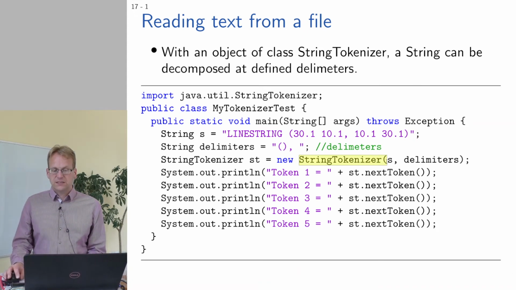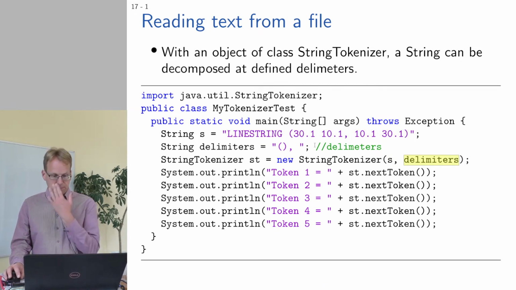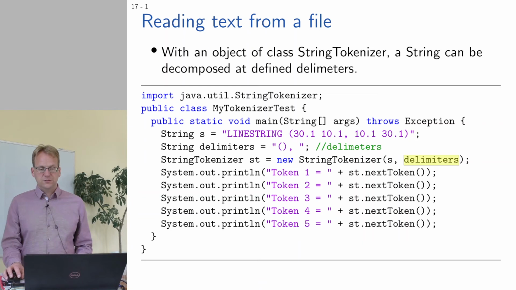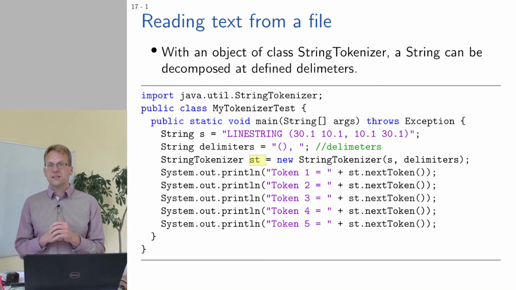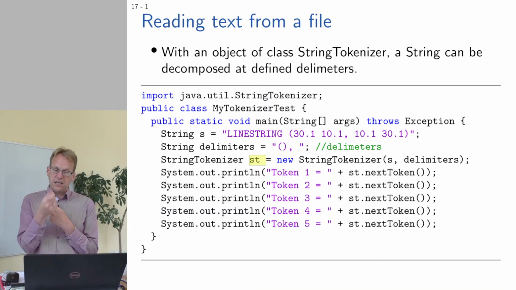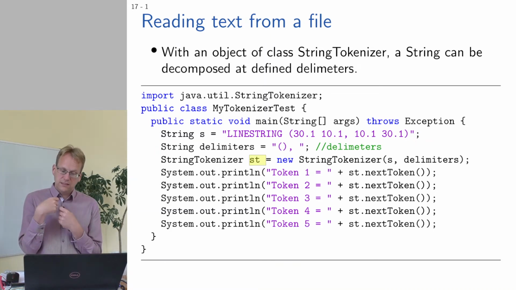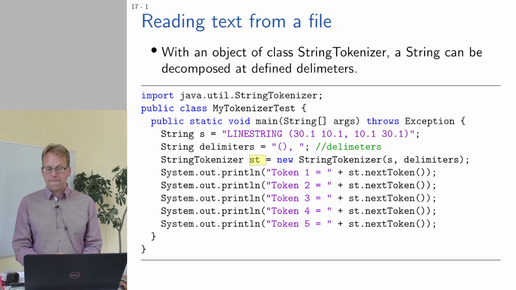I create this StringTokenizer object from our string S and the string of delimiters, namely this. I'm using this constructor of my class StringTokenizer, and now I have created this StringTokenizer which can provide me with the individual tokens of my string, one after another.